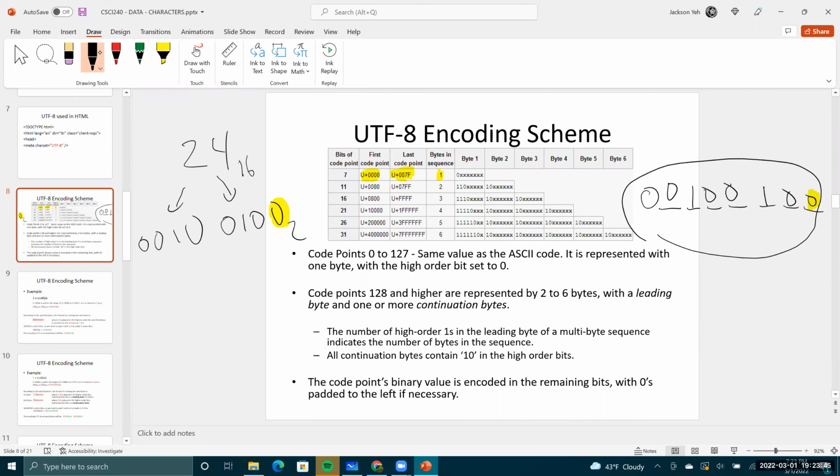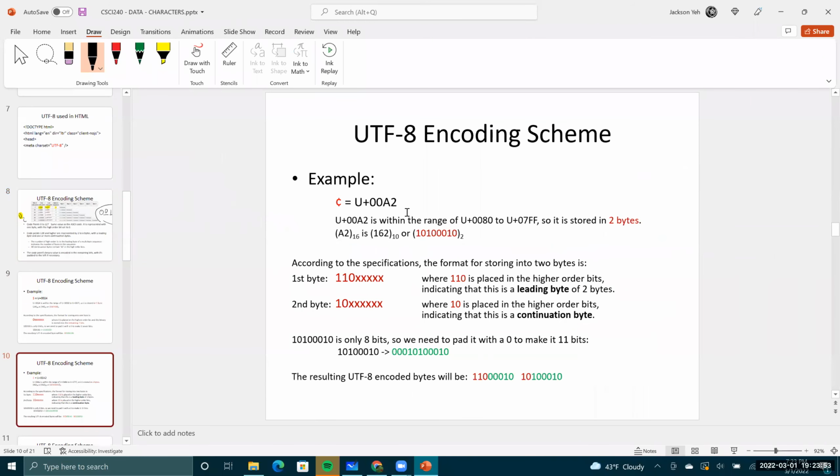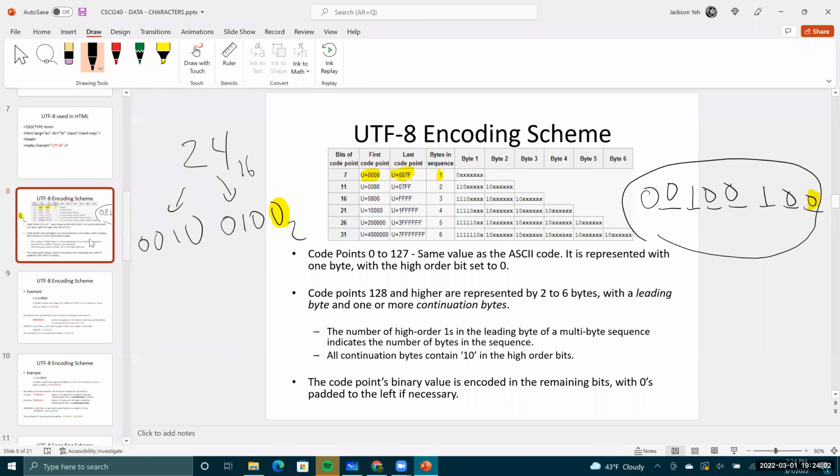All right, let's do one more example. The next one is going to be a little harder. So we did dollars. Now let's do cents. Its code point is A2. So with A2, let's take a look at how many bytes you're going to need. So let's start with A2.